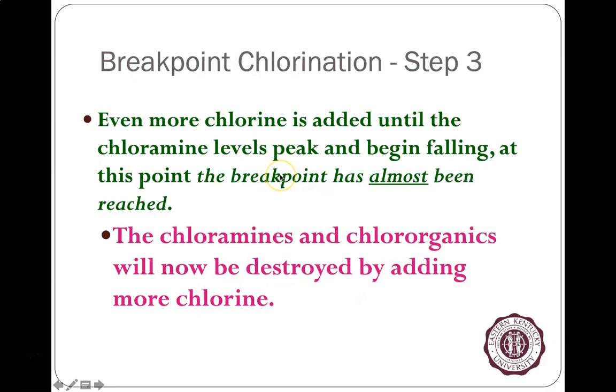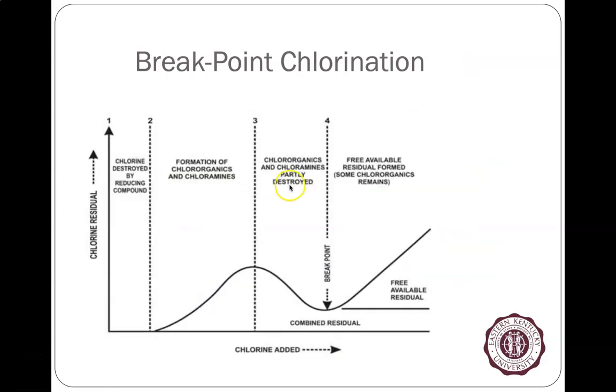Step 3, as we add even more chlorine, now this is the odd one, right? Step 3, we're adding more chlorine, yet our chlorine residual is falling, okay? So the chlororganics and the chloramines, they're destroyed.